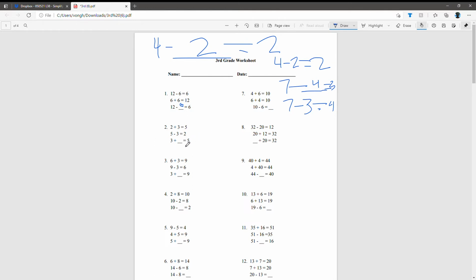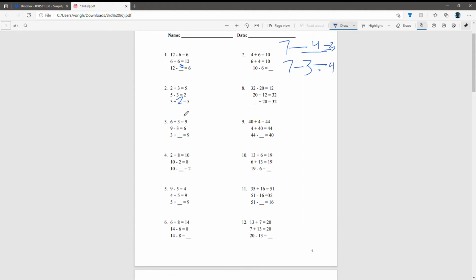For number 2, it's saying 2 plus 3 equals 5, 5 minus 3 equals 2. So then it's 3 plus a number equals 5. If you just look up here, it says 2 plus 3 equals 5. That means it must be 2 here, because 3 plus 2 is the same thing as 2 plus 3.